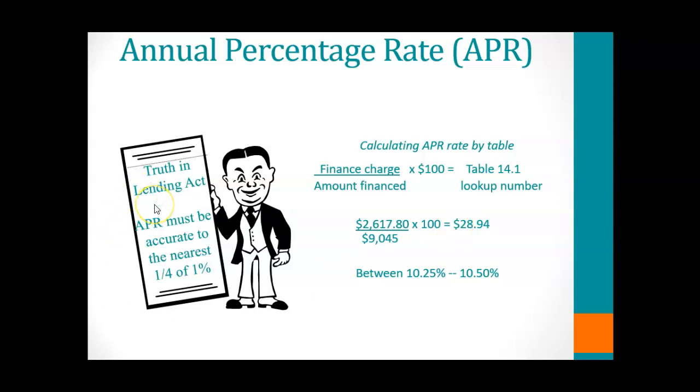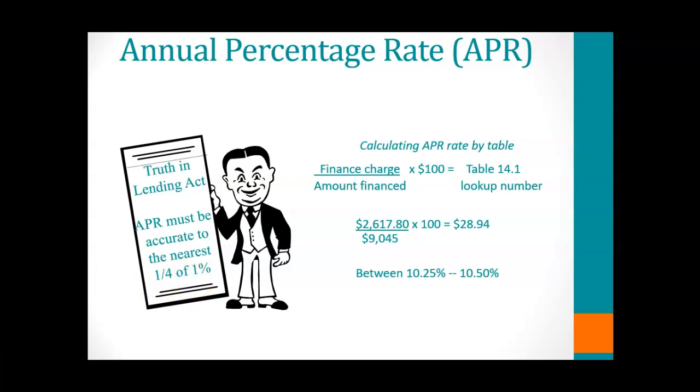In the U.S., we have a Truth in Lending Act, which means that although they're going to tell you about the stated rate of interest you're paying, they must also give you the annual percentage rate, known as the APR. That rate must be accurate to the nearest 1/4 of 1%.